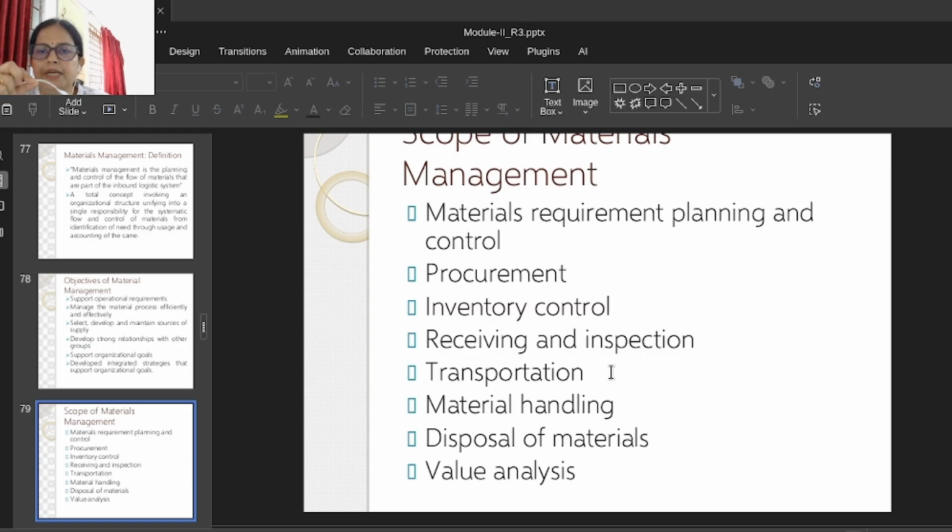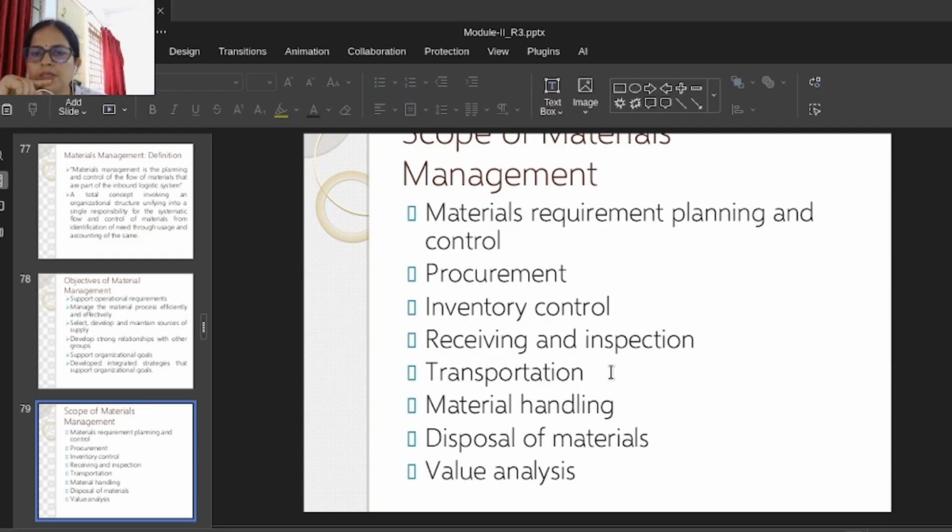The scope of material management includes material requirement planning and control, procurement, inventory control, then receiving and inspection, which means checking whether we are getting the right product and whether all the products we are getting meet the quality level or standard.